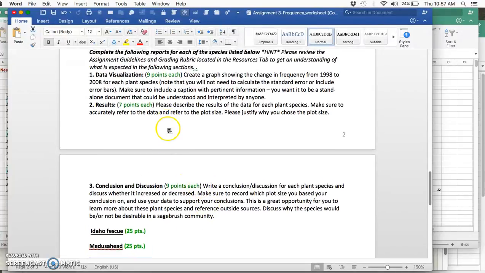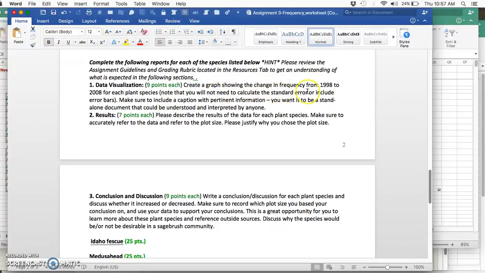And for the data visualization, and I think this is going to be in every assignment, make sure you review the rubric and the guidelines. When you make a graph, you have to make sure that you have a caption. You have to make sure that your axes are appropriately labeled and that you have units, and also that you can read the axes.